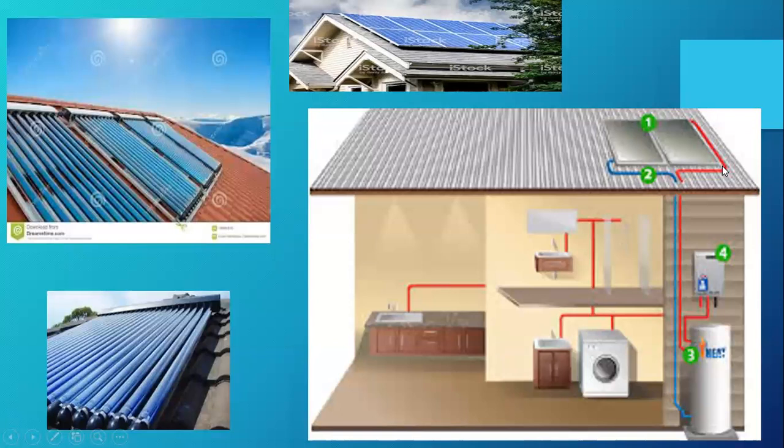Then the hot water will go down to a container so we can use the hot water from the container whenever we need it. After it fills the container, the cold water will go up to the tubes in the solar system on our home roof.